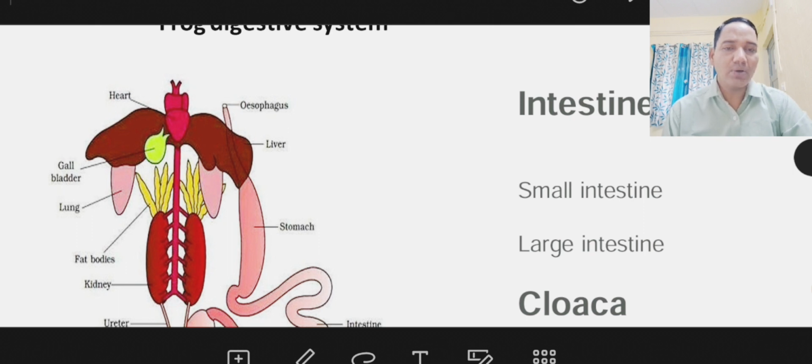A common hepatopancreatic duct opens into the duodenum from the liver and pancreas, which bring the pancreatic and bile juice. The muscular lining of the small intestine, a part of the intestinal gland, comprises two types of cells: goblet cells and absorbing cells. The goblet cells produce the mucus and the absorbing cells are specialized to absorb the food.